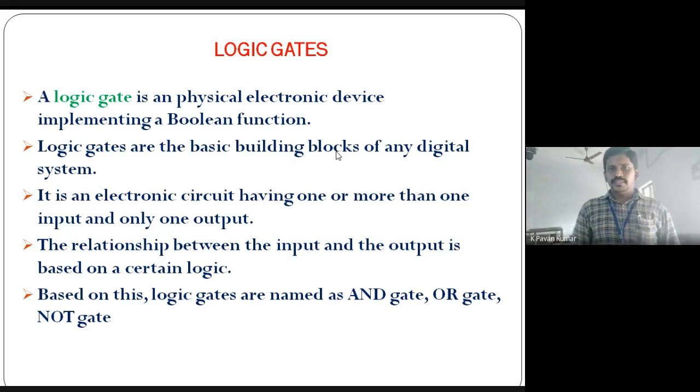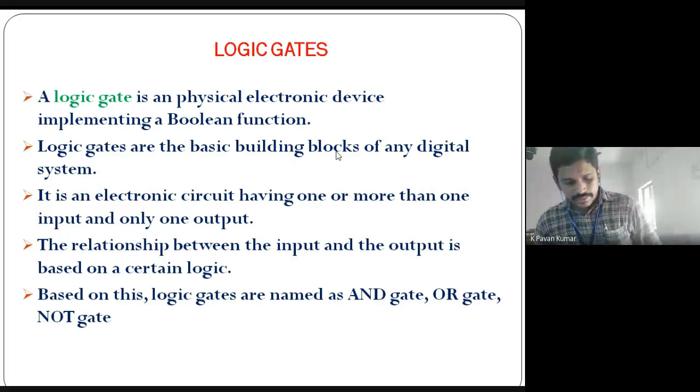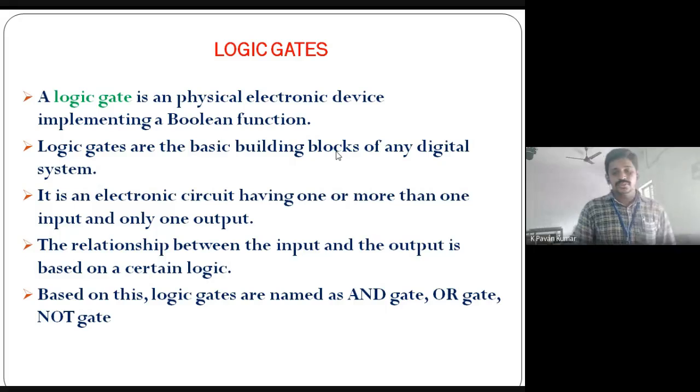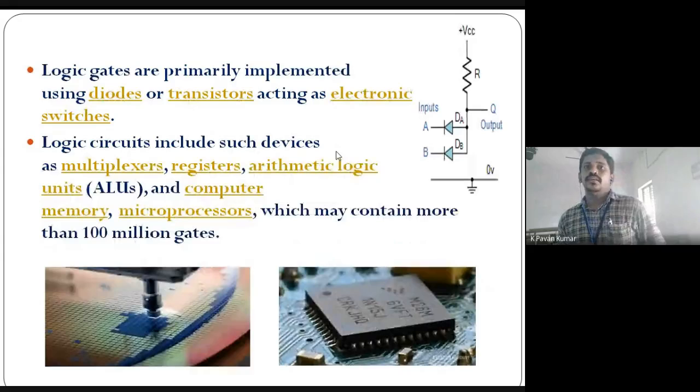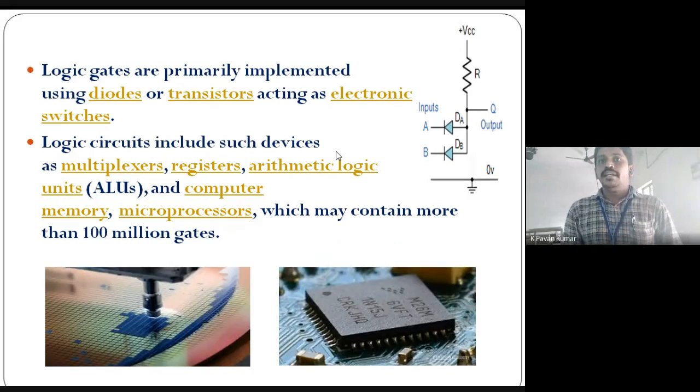Based on this logic, the gates are named AND gate, OR gate, and NOT gate. The logic gates are divided depending upon which type of logic we use, like OR logic, AND logic, and NOT logic. Now, logic gates are primarily implemented using diodes or transistors acting as electronic switches.